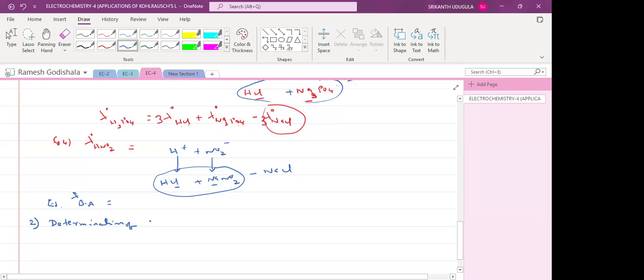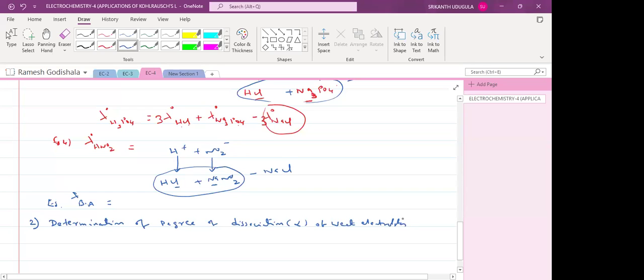So, determination of degree of dissociation, given by alpha, of weak electrolytes.